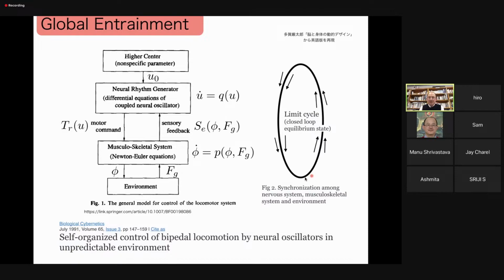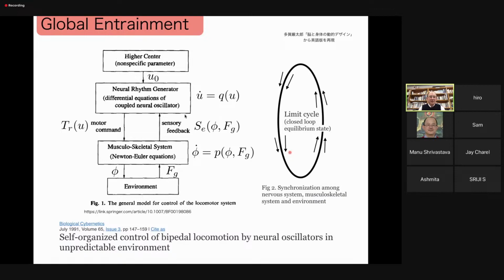This is a schematic illustration of the phase space, the limit cycle, and the closed loop equilibrium state, happening because of the leg motion generating left, right, left, right, a kind of repeated rotation. It can be represented in the state space in the form of a limit cycle.